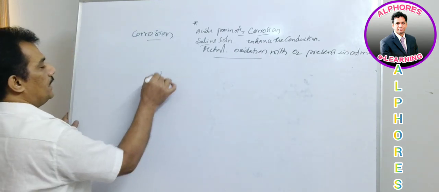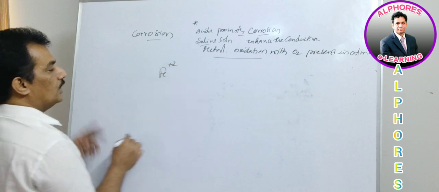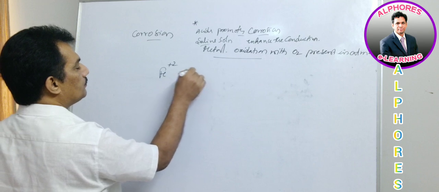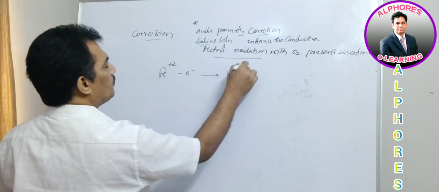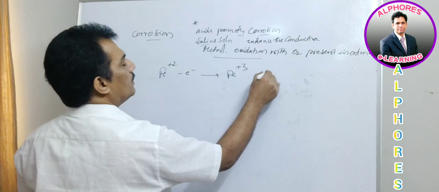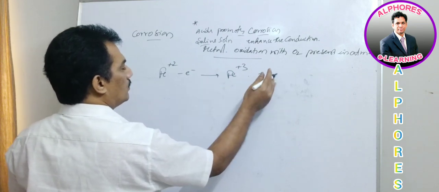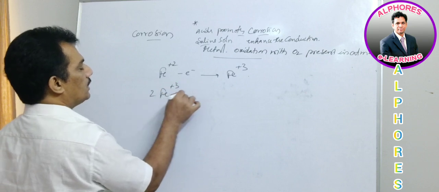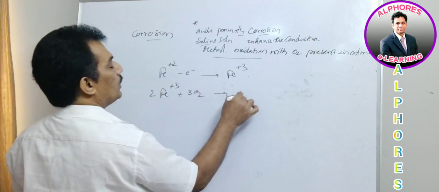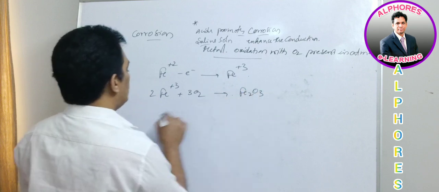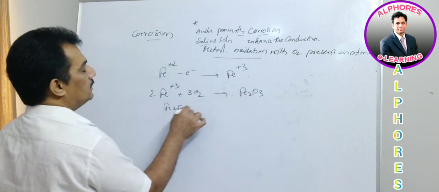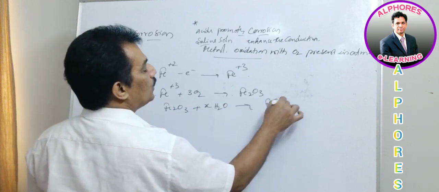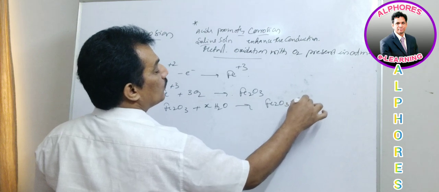It is like this: Fe+2 undergoes further oxidation, giving Fe+3, and on reaction with O2 gives Fe2O3, and this Fe2O3 is now hydrated, that gives Fe2O3·xH2O.